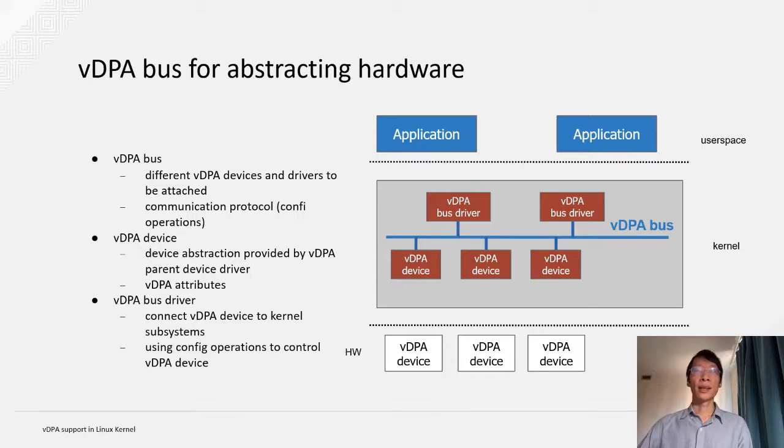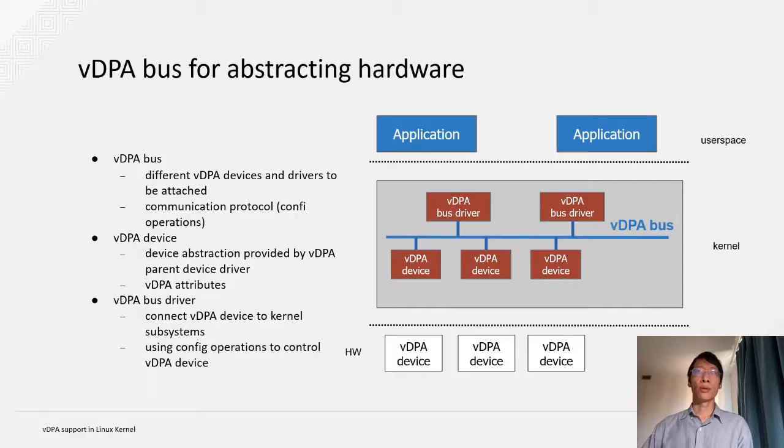So as discussed, the framework is trying to allow several different types of devices and different types of drivers. So it's natural to consider introducing a bus. The VDPA bus is the core concept of the VDPA framework for abstracting the hardware, which allows different VDPA devices and drivers to be attached. And the VDPA bus also defines the communication protocol between the bus driver and the device.